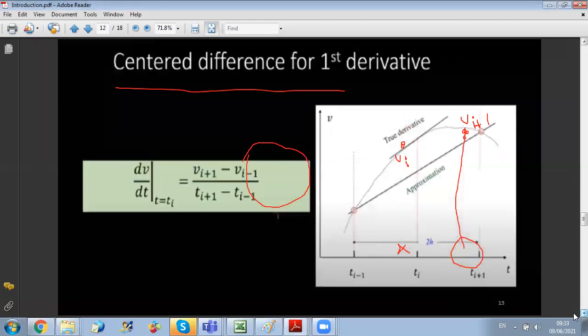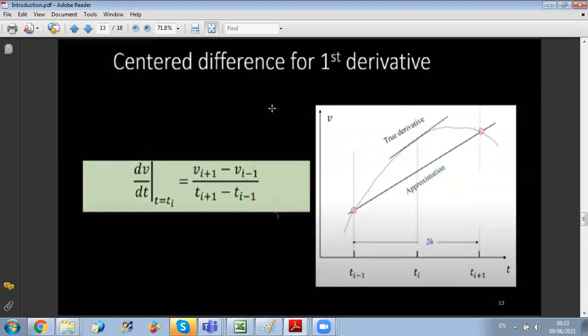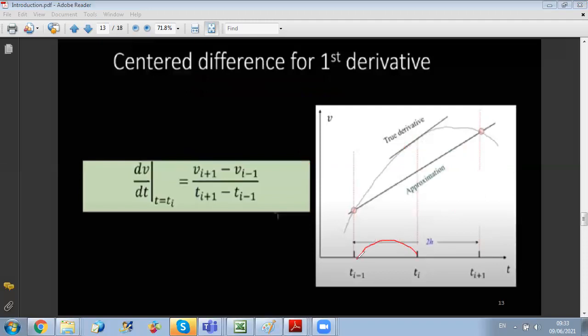Now, another method, as we discussed together, is the centered difference for the first derivative. In the centered difference method, we take into account the point before ti and the point after it, so it's ti minus 1 and ti plus 1.